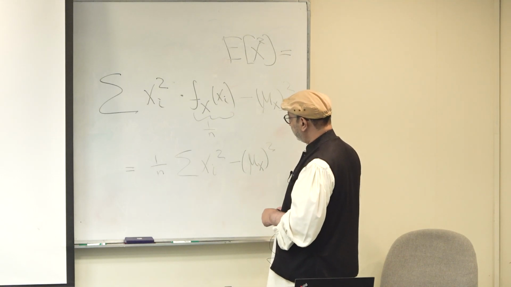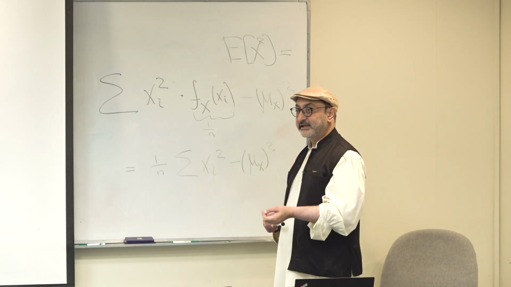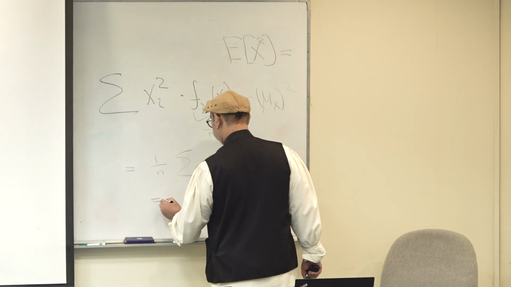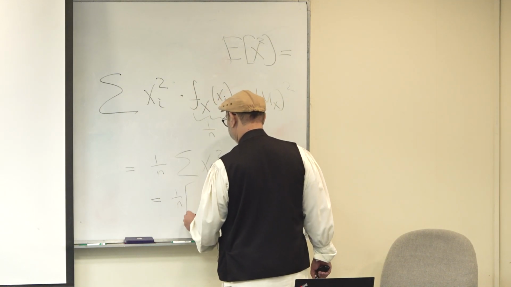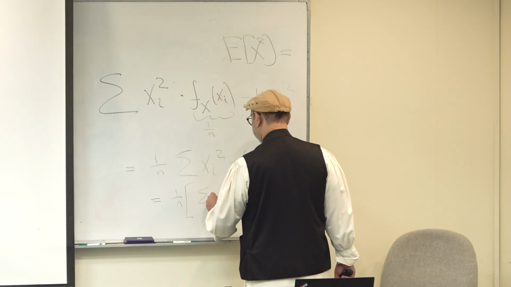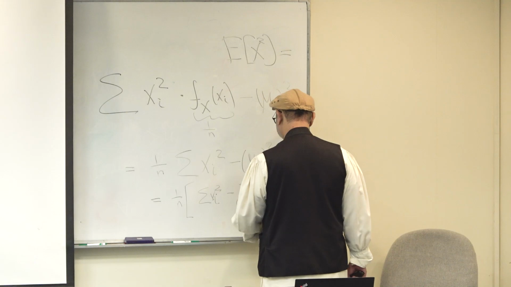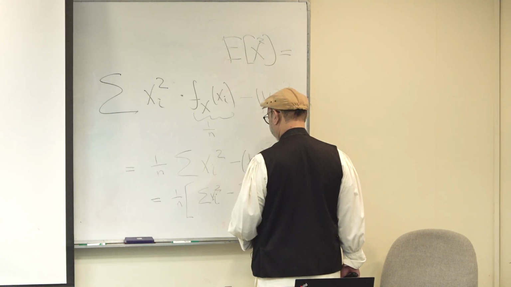Okay, but what was the expectation? It was the average of the xi's, right? So this is equal to 1 over n times the sum of the squares minus the sum of the values.